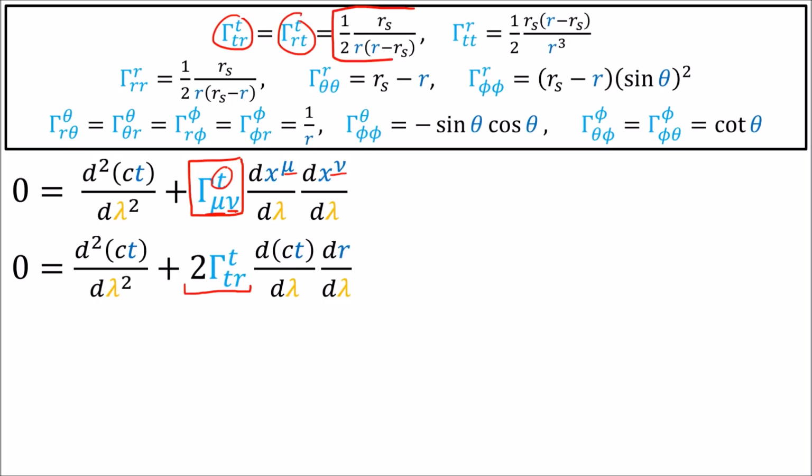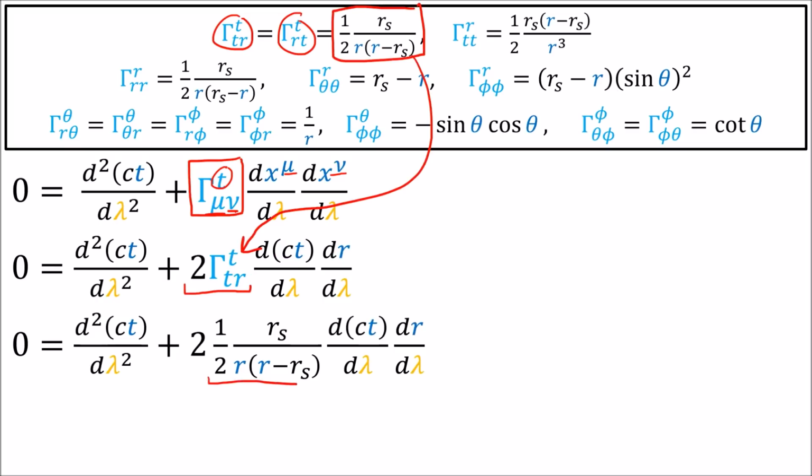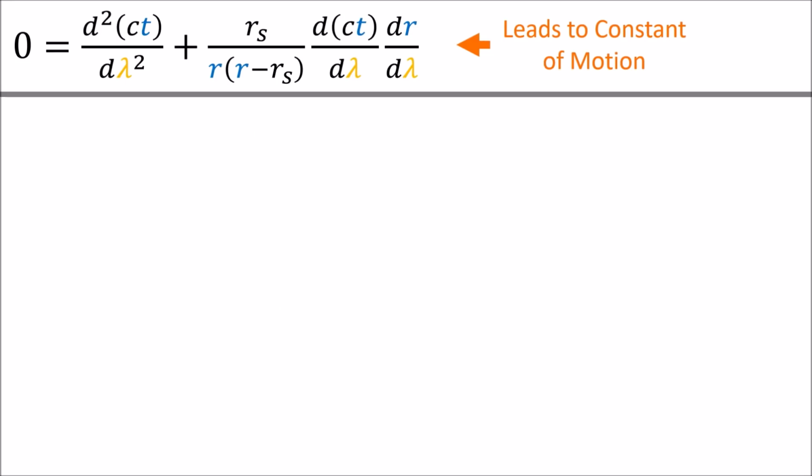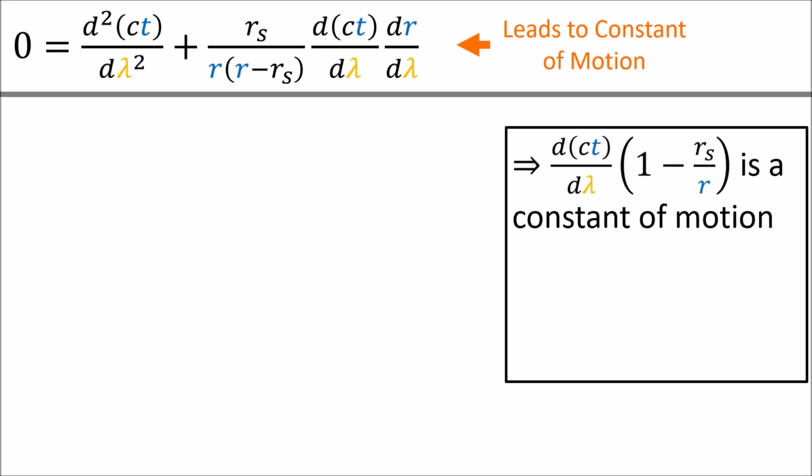And we can replace the TTR coefficients with this, and then cancel the 2 and 1/2. We can show that this equation tells us that this quantity, the derivative of ct times 1 minus rs over r, is a constant of motion that doesn't change along geodesics.